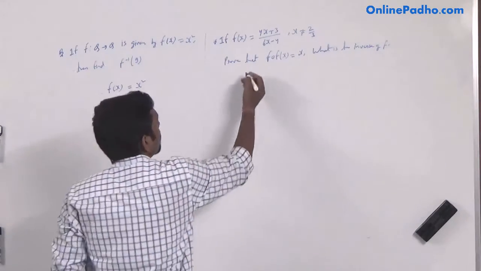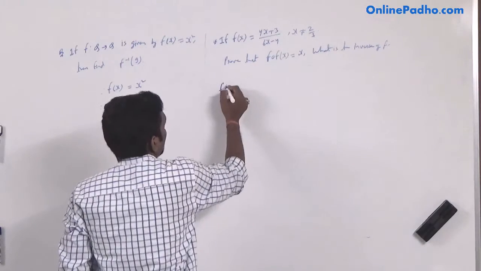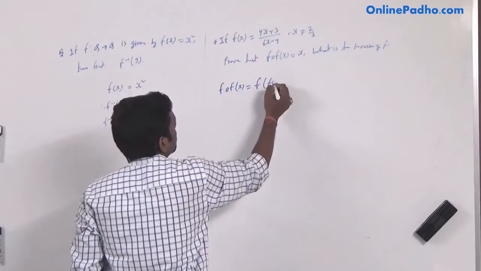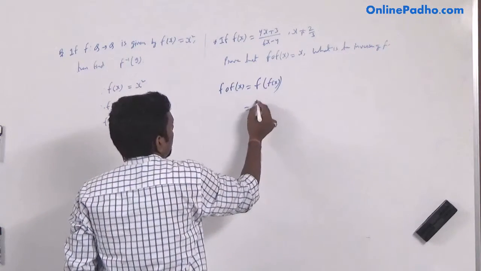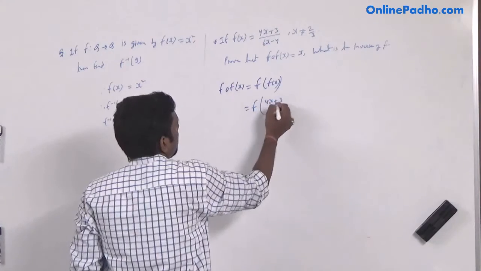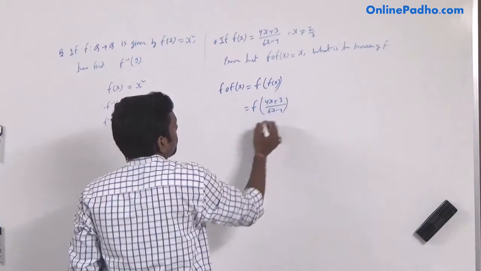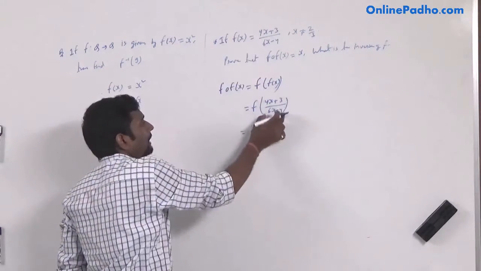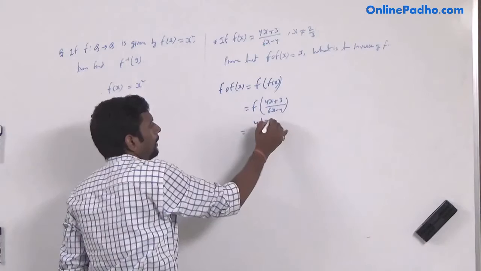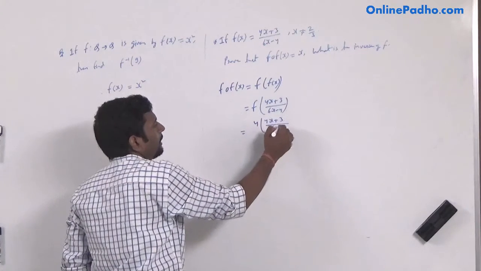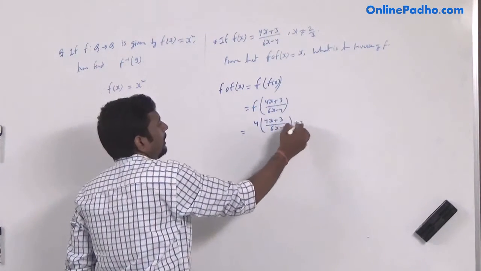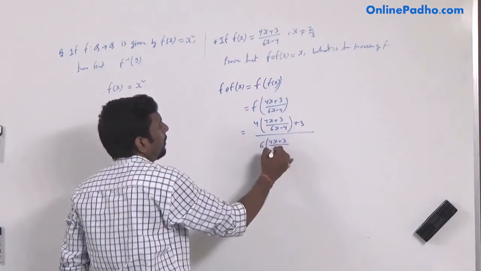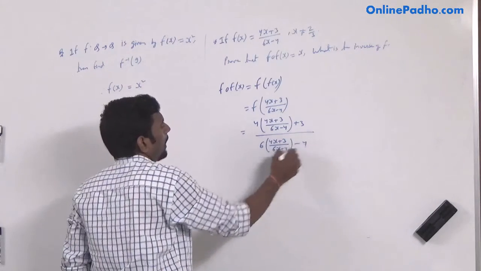So in this case, f of f(x) can be written as f of (4x + 3)/(6x - 4). In the place of x we write this value: 4 multiplied by (4x + 3)/(6x - 4), plus 3, whole divided by 6 multiplied by (4x + 3)/(6x - 4), minus 4.